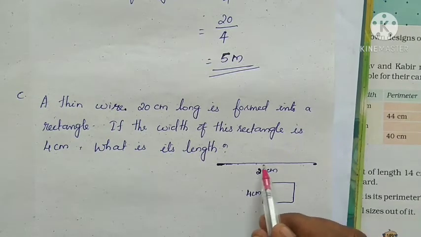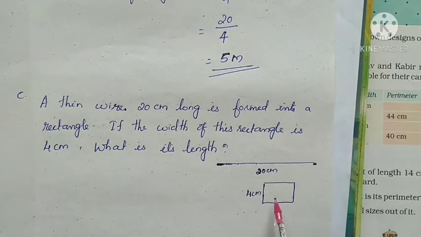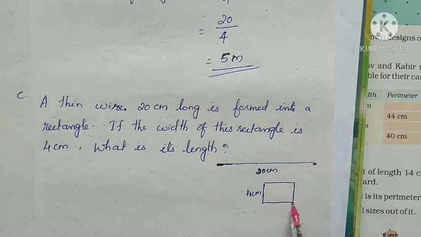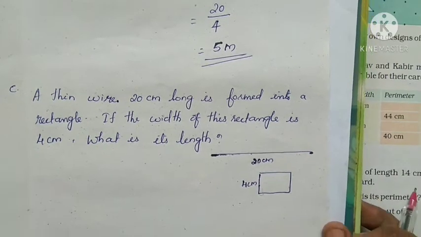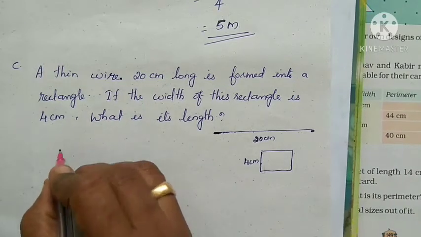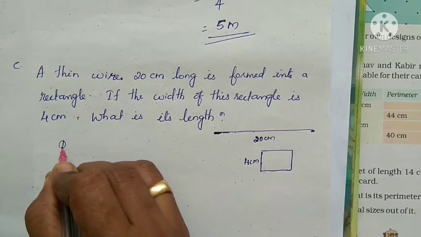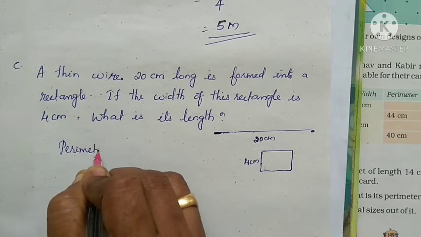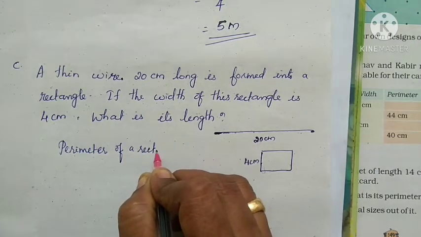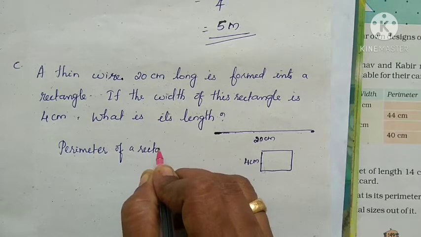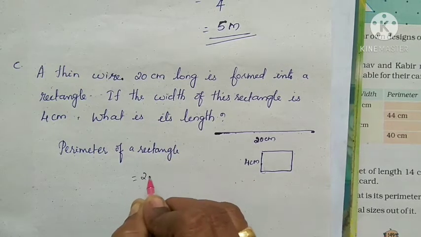So this 20 centimeter long wire means the boundary of the rectangle. This wire we can make into a rectangle. So the boundary of the rectangle is 20 centimeter. So first we write the step: perimeter of a rectangle, that is 20 centimeter.